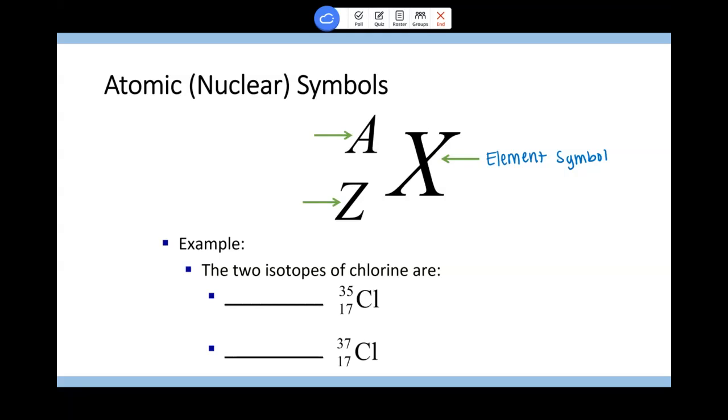Then Z, the atomic number, is the number of protons. And then A is the mass number, the number on top, and this is protons plus neutrons.